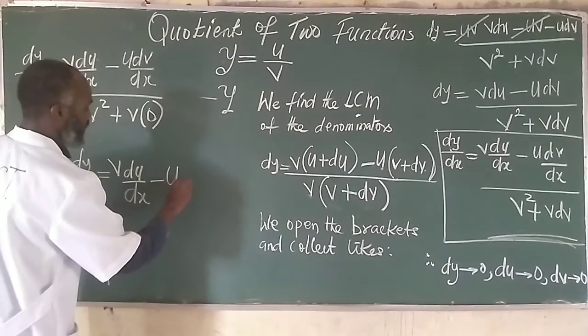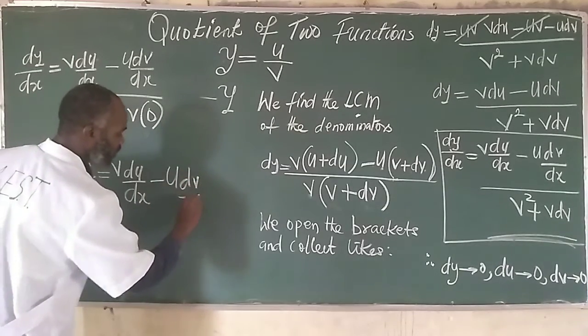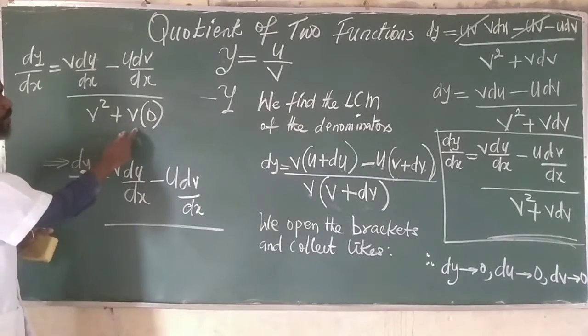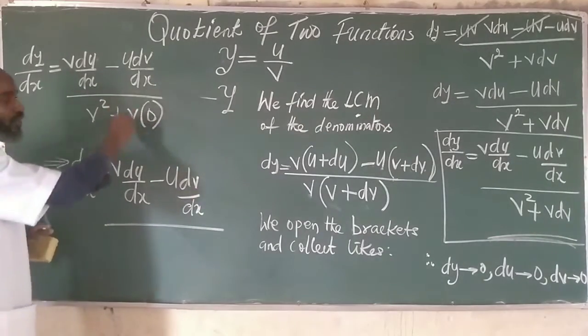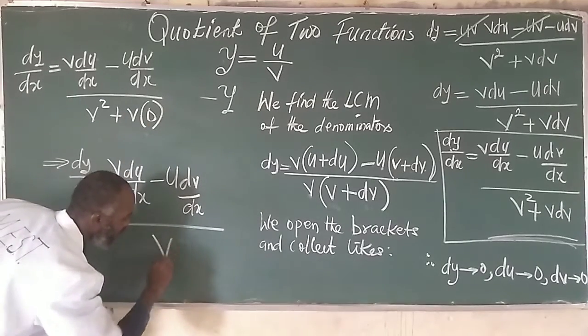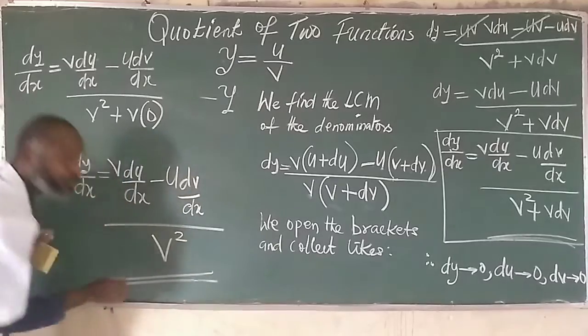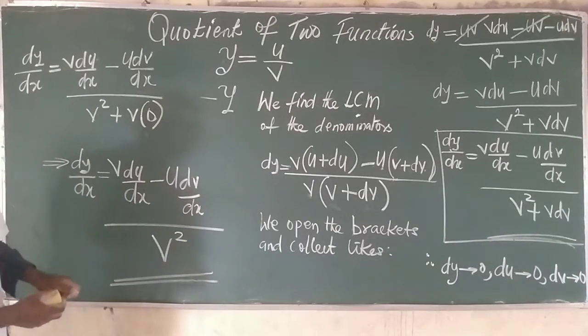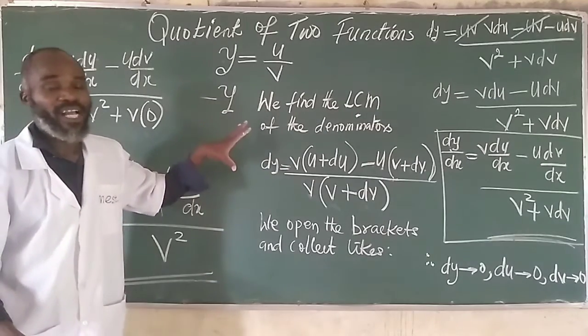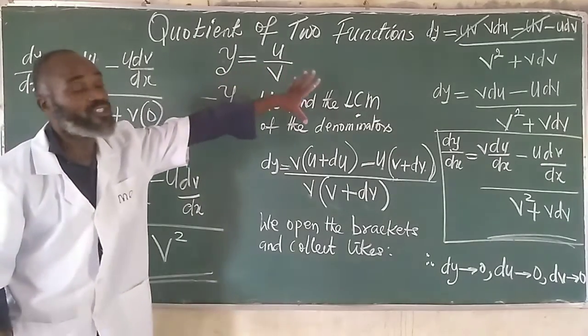Minus u dv dx, alright? All over, watch out, this now becomes completely 0, and we are left with just v squared. Proved. So we have succeeded in deriving the formula for quotient of two functions.